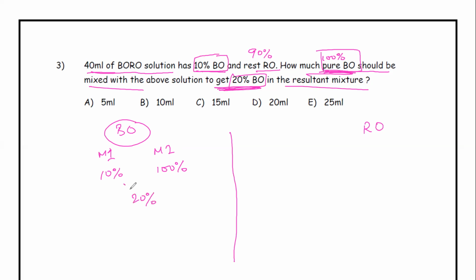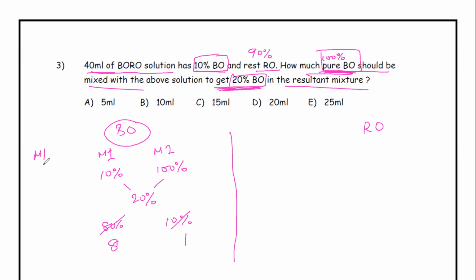You cross subtract after writing it in this manner: mixture 1, mixture 2, and in the middle, beneath, you write down the resultant. Cross subtract, you get 10% here, regardless of the negative sign, and here you'll get 80%. So now my ratio of mixture 1 to mixture 2 is 8 is to 1.